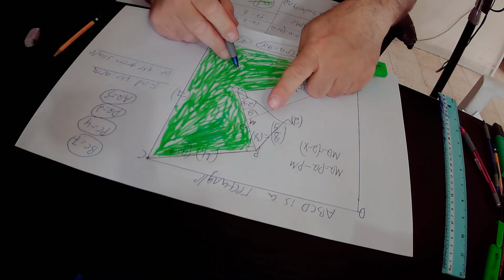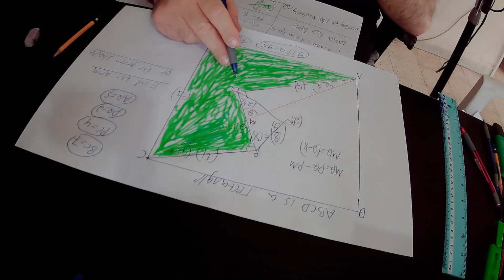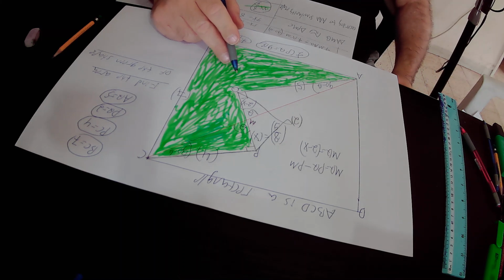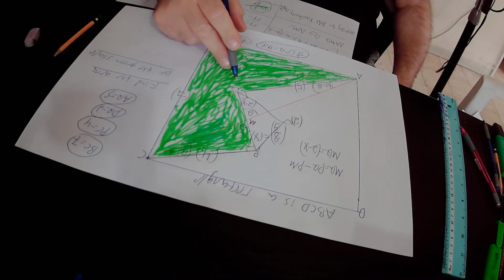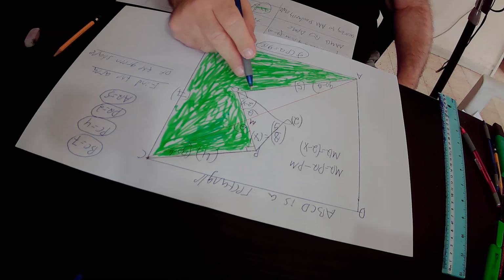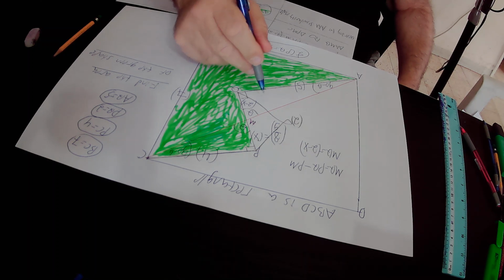So what is the length of MQ? MQ is 2 minus x. 2 is 18 ninths. Again, 2 is 18 ninths. And therefore 2 minus x equals 18 ninths minus x, that is 8 ninths. So 18 ninths minus 8 ninths is 10 ninths.